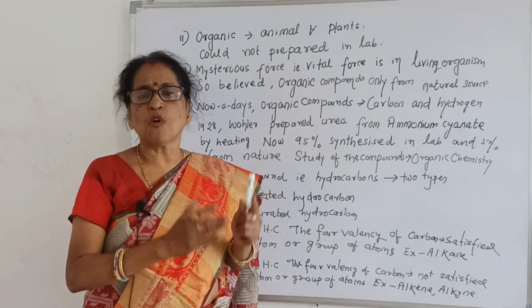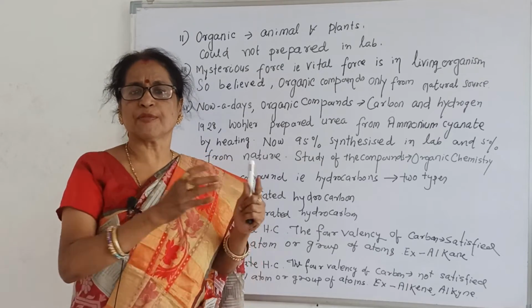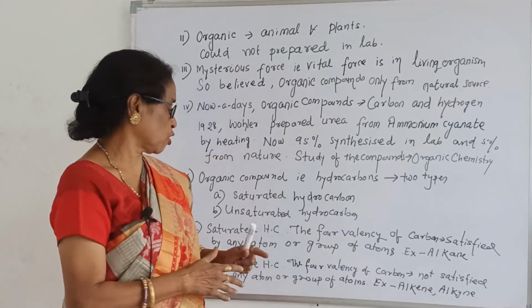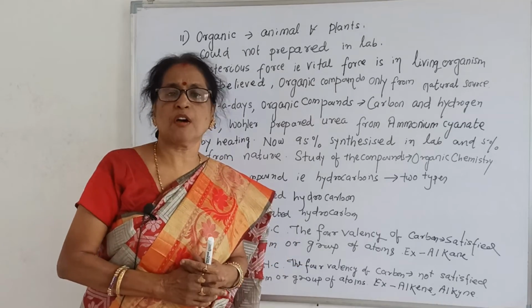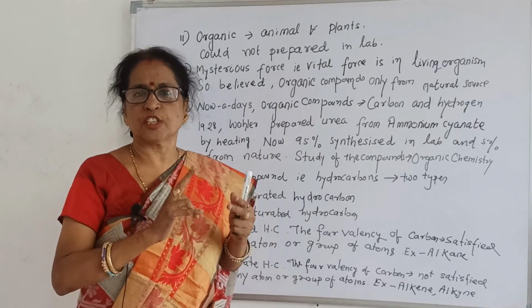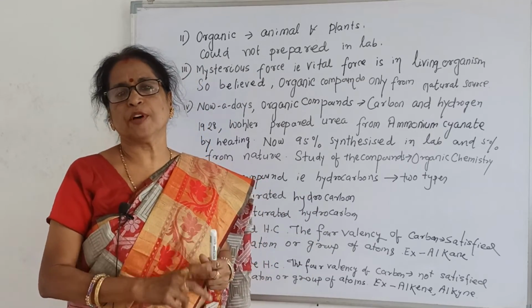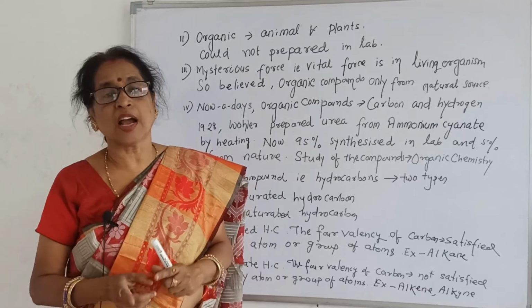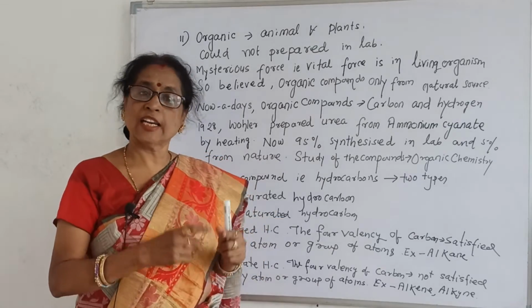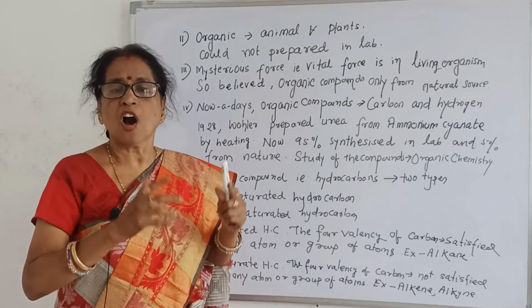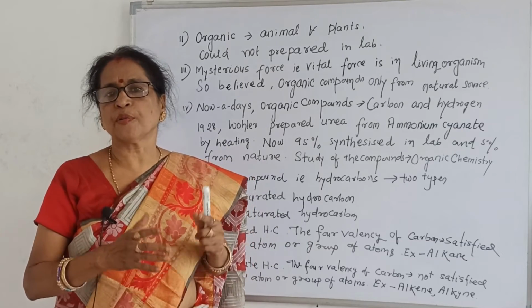That is alkene, which contains a double bond, and alkyne, which contains a triple bond. Remember, alkene double bond, alkyne triple bond, and alkane single bond, that is saturated. Alkene and alkyne are called unsaturated hydrocarbons.